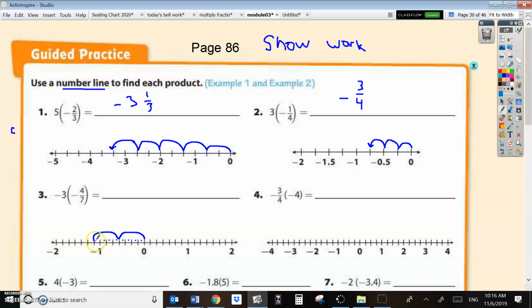And then do it again. 1, 2, 3, 4. So it looks like we're at negative 1 and 1, 2, 3, 4, 5. Negative 1 and 5 over 7. Let's check on that. 3 times 4/7.